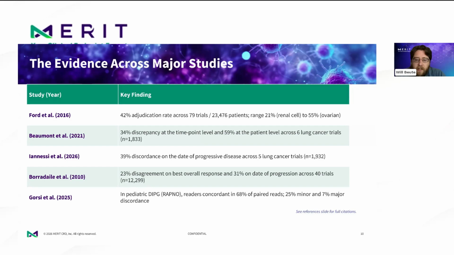And Gorsey and colleagues in a smaller study in pediatric diffuse intrinsic pontine glioma using RAPNO criteria found readers concordant in 68% of paired reads, with 25% minor and 7% major discordance. So across different cancers, different criteria, and different research groups, the story is remarkably consistent, which is to say that, at least for now, reader variability remains a structural feature of imaging-based response assessment, but fortunately, it is one that can be mitigated and controlled, which we will touch on later.